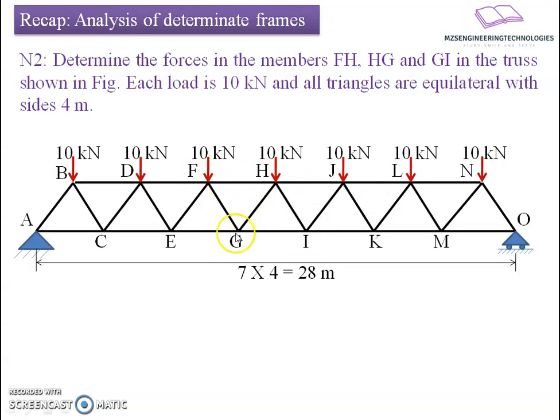Only three member forces are being asked here, so I will not go for the analysis of the complete structure. I will pass a section through FH and GI and apply the equilibrium equations. Seeing the time constraints, I will continue with this numerical in the next lecture.